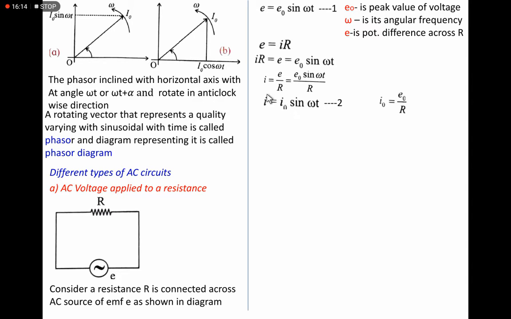So the equation for the current is I is equal to I naught sine of omega t, equation number 2.